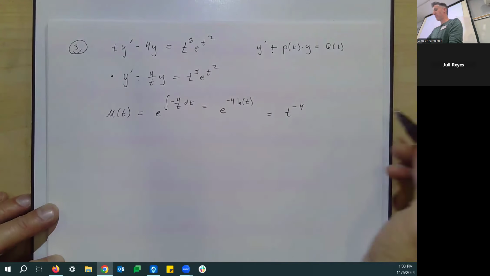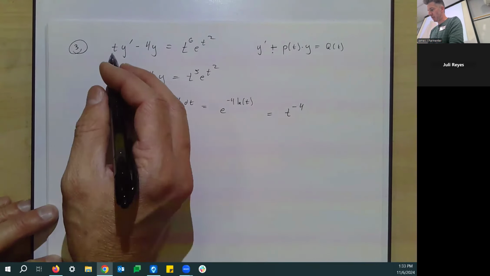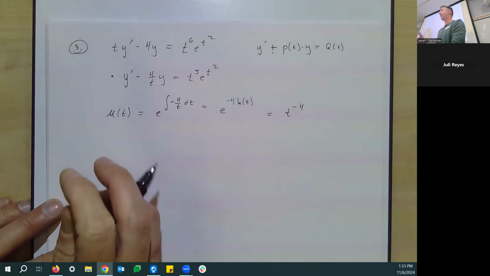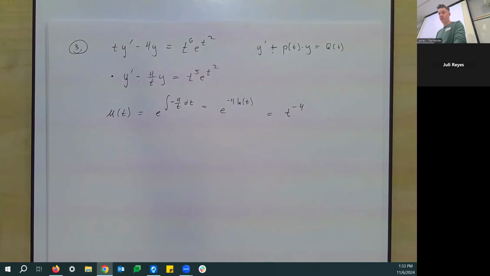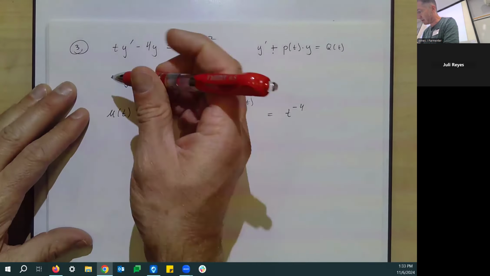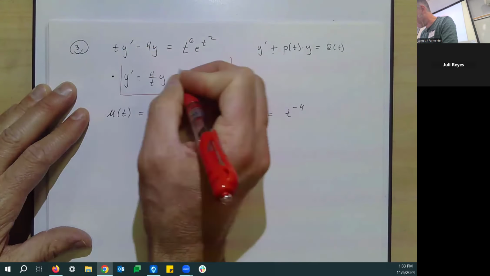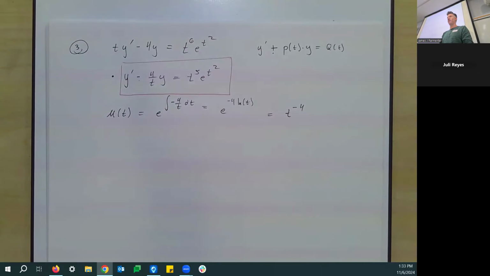So we multiply everything by the integrating factor. Be careful, because I was making this mistake just now: you're taking your equation written in the standard format and multiplying everything in that equation by t to the negative 4, not the one before it, which I was accidentally doing.